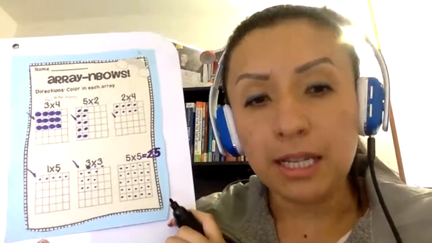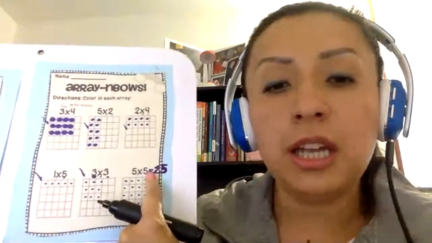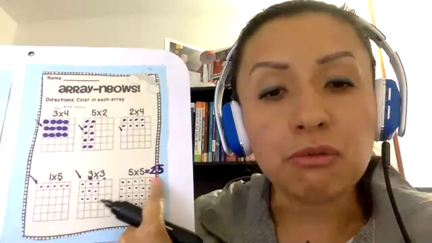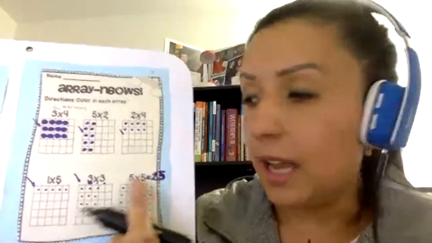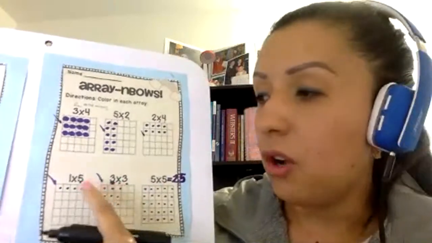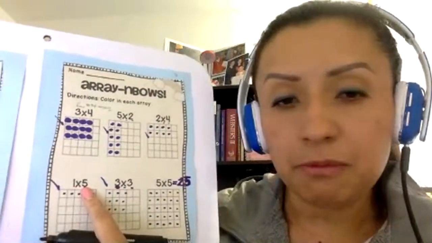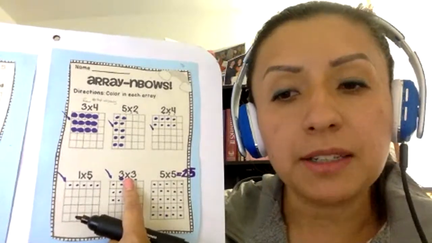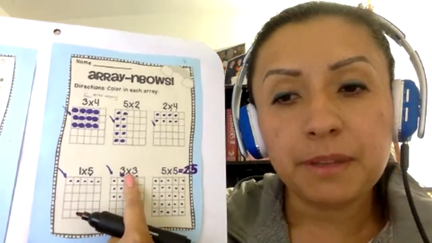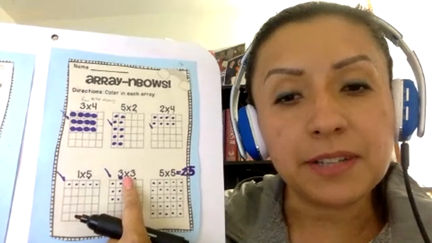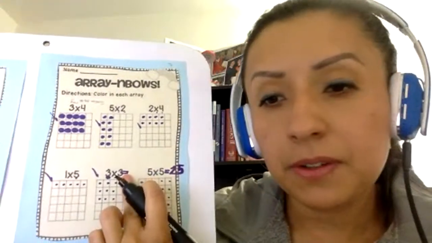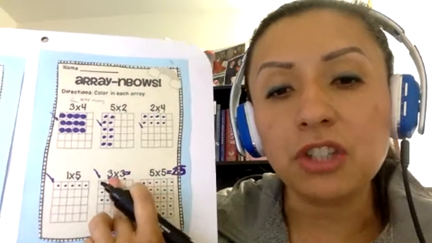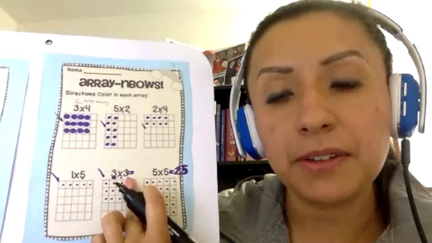Please, if you want, in front of each equation, you can write the answer, the total number of dots. Like this, 3 times 3 or 1 times 5. For example, this one, 3 times 3 equals... Okay, now check this. 3 times 3.